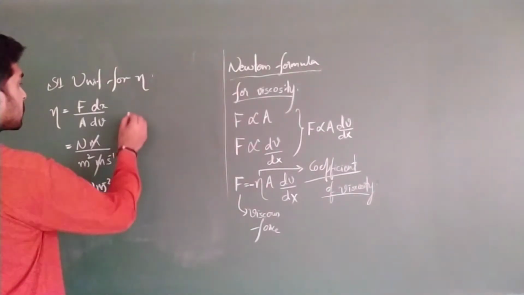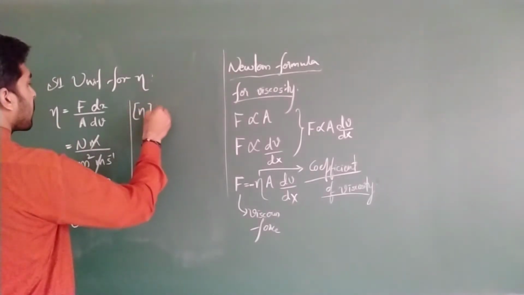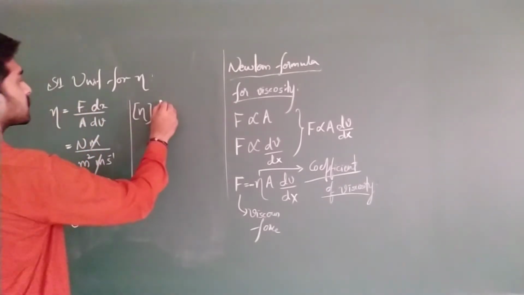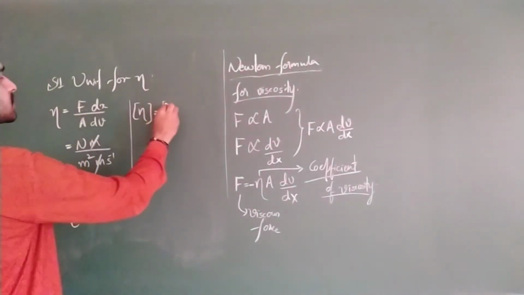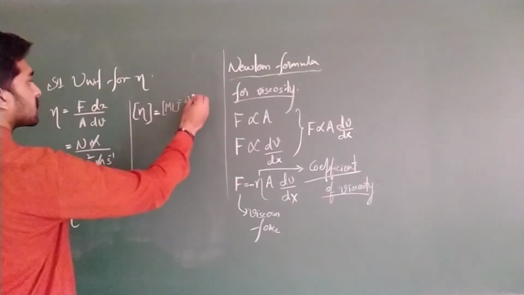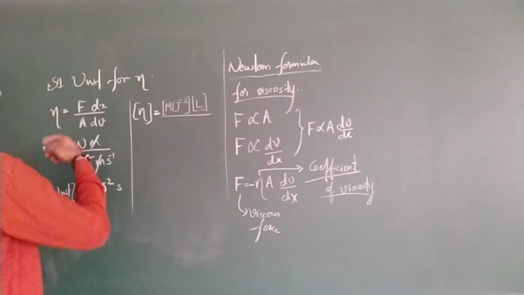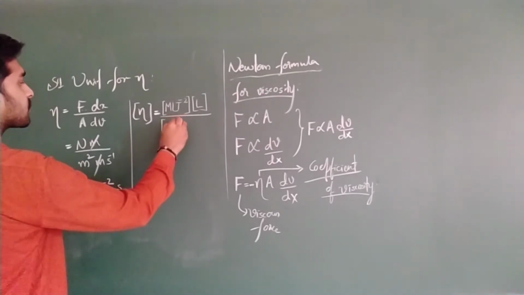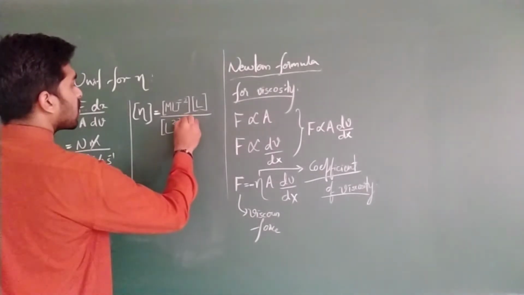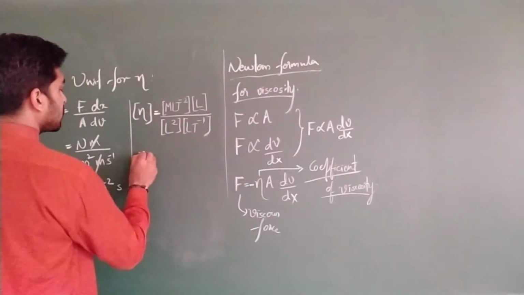Clear? Next, for this eta, how can we calculate the dimensional formula? First of all, force means mass into acceleration, which is M L T power minus 2. x means distance, that is L, whole divided by A, which means area, length square. dV is velocity, meter per second, L T power minus 1.